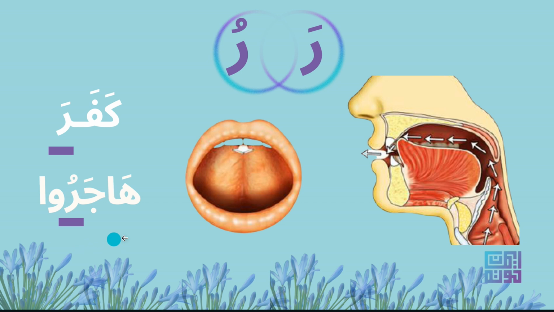What about this word? The only letter that is elevated in this word is the ra dhamma. So let's try to read this word. It's a ha fatha and then an alif after it. And we took the elongating letters, the alif, the waw, the ya.